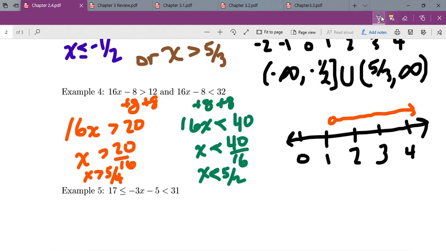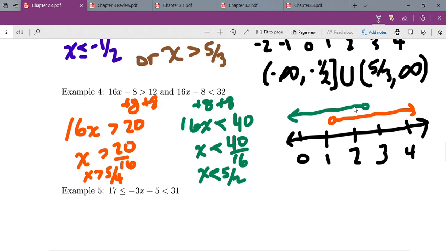Sorry, 5 over 2 is not the same thing as 4 1/2. 5 over 2 is going to be 2 1/2, because 4 divided by 2 is 2, and you've got that extra half left over. I knew I had something wrong. So 2 1/2 is about here, and it's less than that. It's an open circle because it's not equal to. So what you get is something that looks like this.